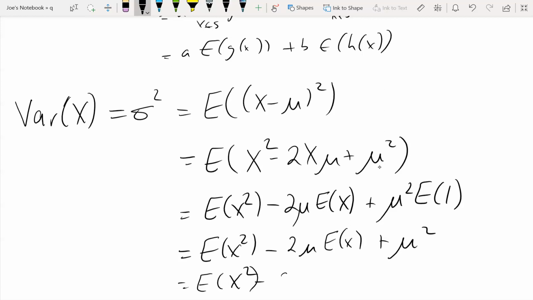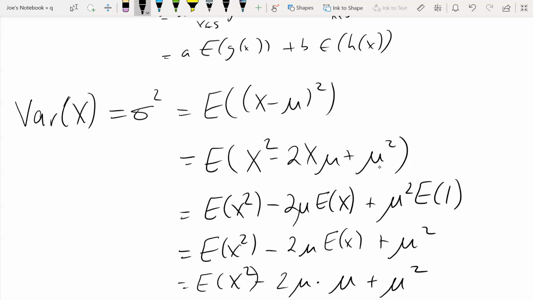What was another name for expected value of x? Mu, right? So all I did from this line to this line is replace expected value of x with mu. So I have mu times mu squared.